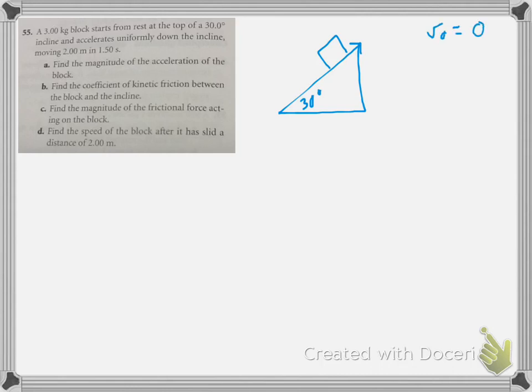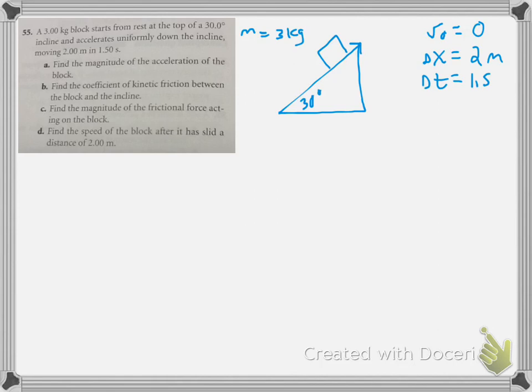And it's 3 kilograms. Mass equals 3 kilograms, and I know that the change in x is 2 meters, and the change in time is 1.5 seconds. And so that's everything I know right now.